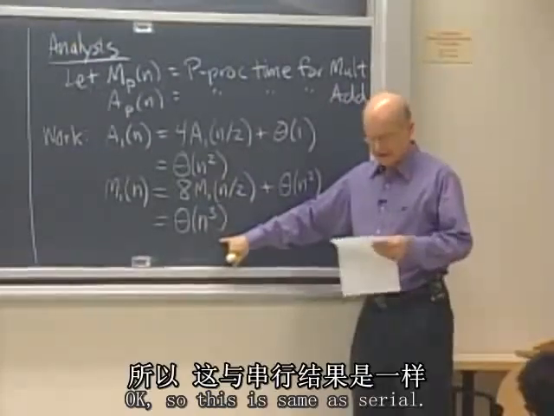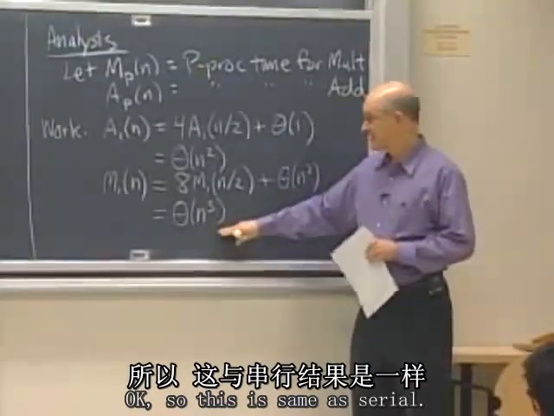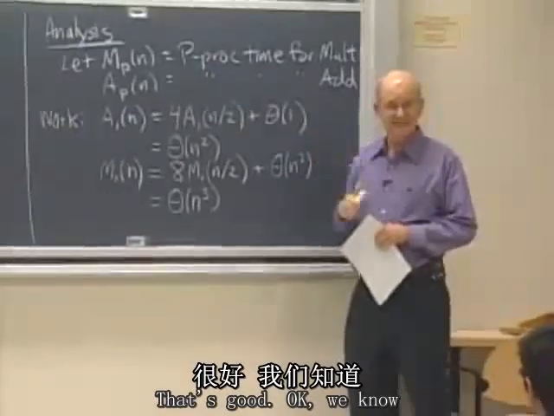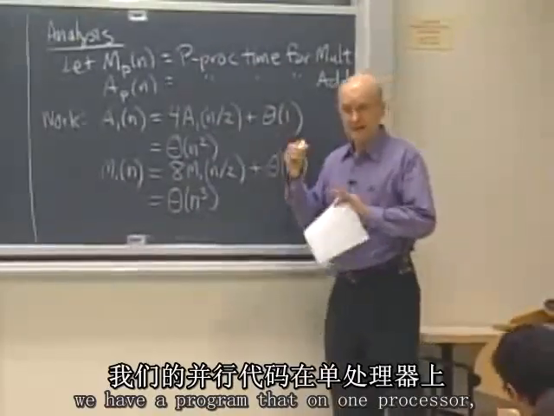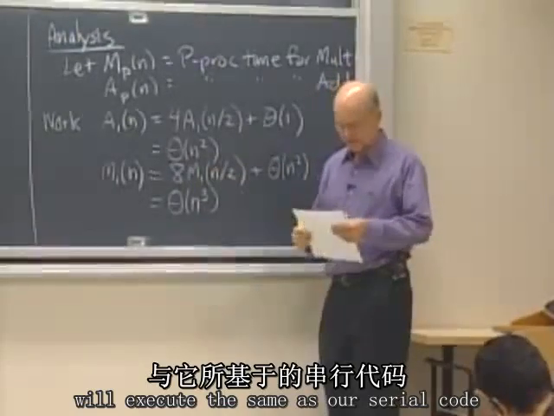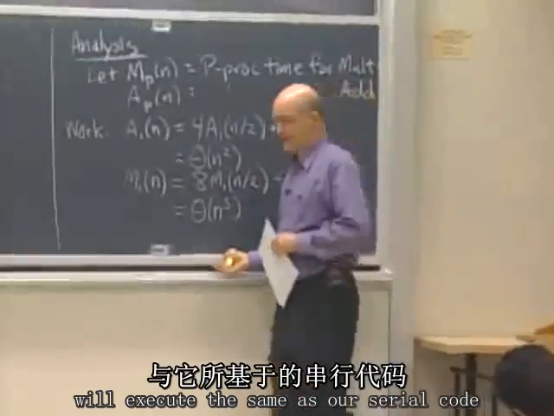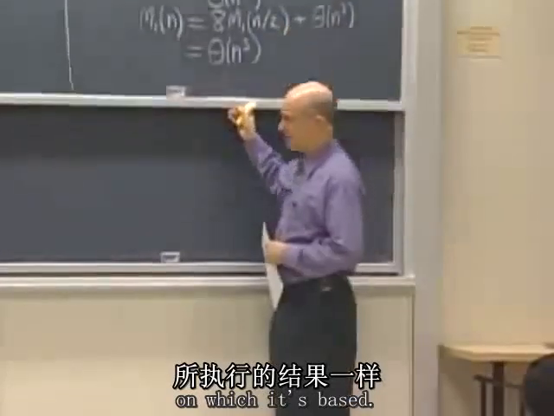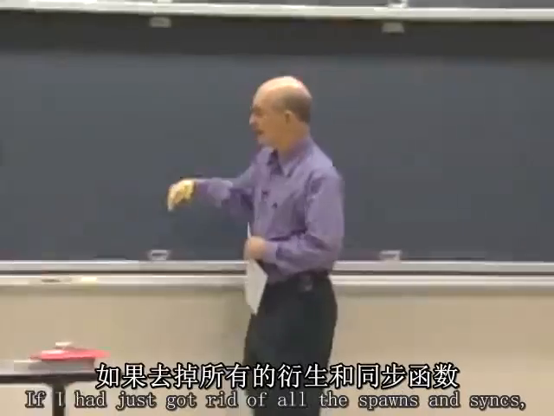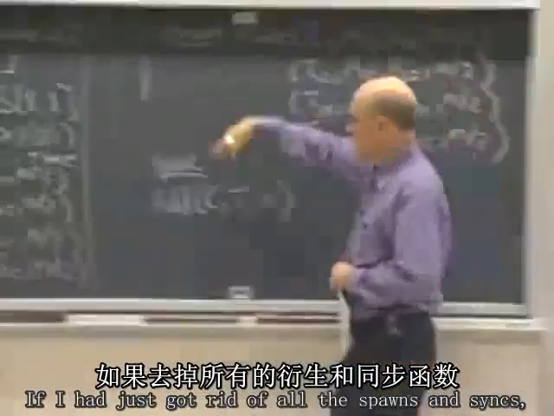Okay? So this is the same as serial. This was the same as serial. This was the same as serial. That's good. We know we have a program that on one processor will execute the same as our serial code on which it's based. Namely, we could have done this if I had just gotten rid of all the spawns and syncs.